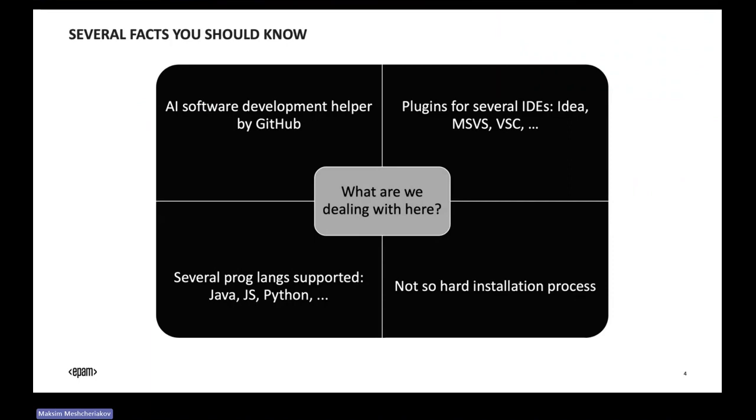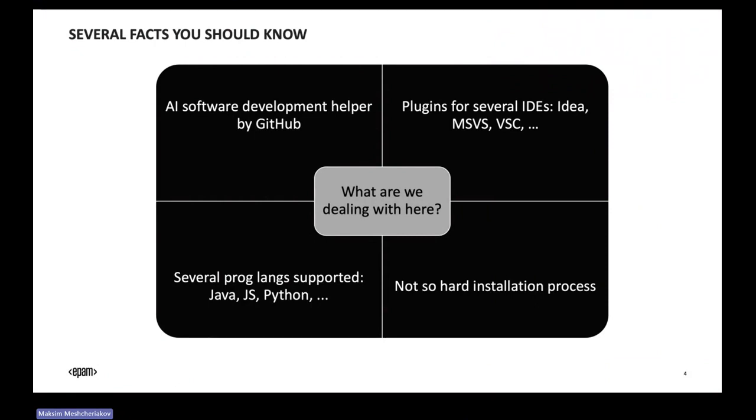So, several facts you should know. The Copilot is an AI software development helper by GitHub. Helper is a very important word. It's not a substitution for test automation engineers or for developers. It's just a helper tool.